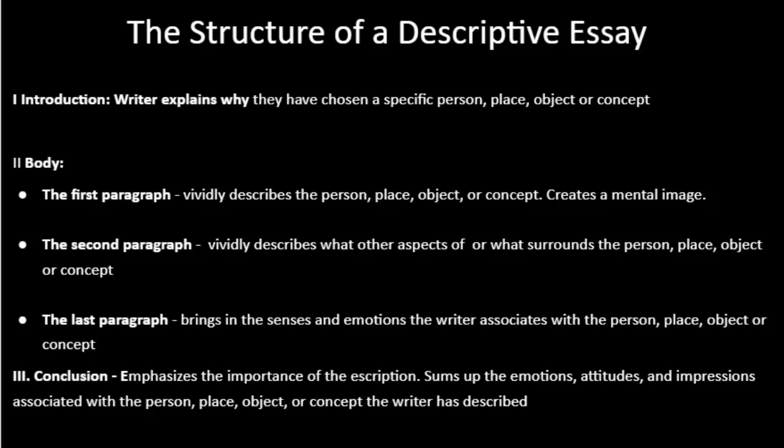So you bring in your senses and emotions that you associate with that person, place, or object. So make the reader feel the same strong emotional connection that you have for that object of your description. So bring in the feelings and emotions you have and describe those in vivid detail.